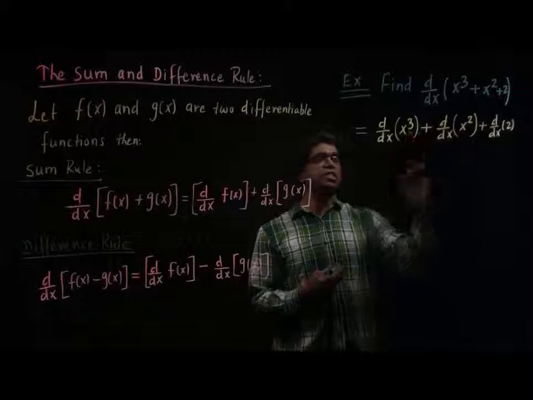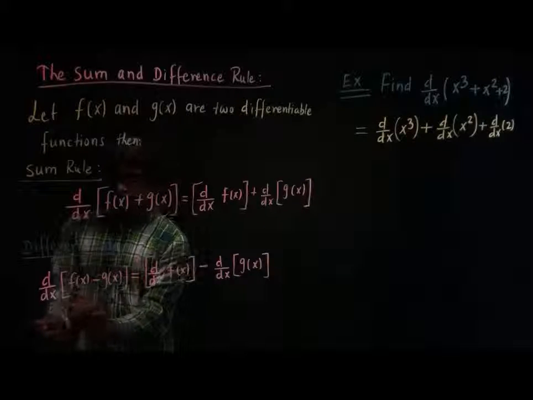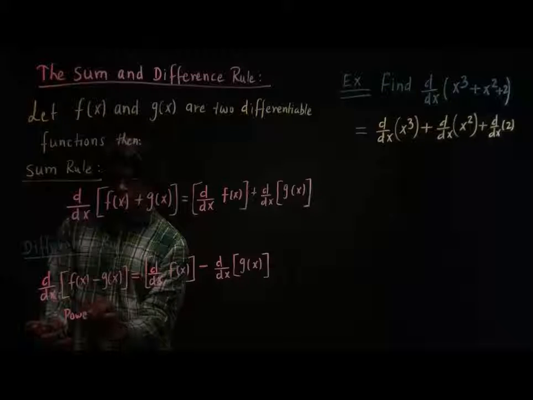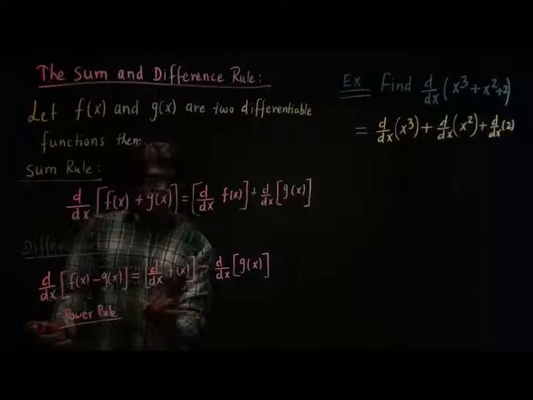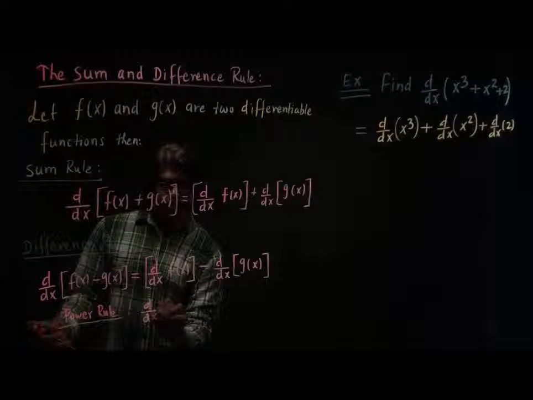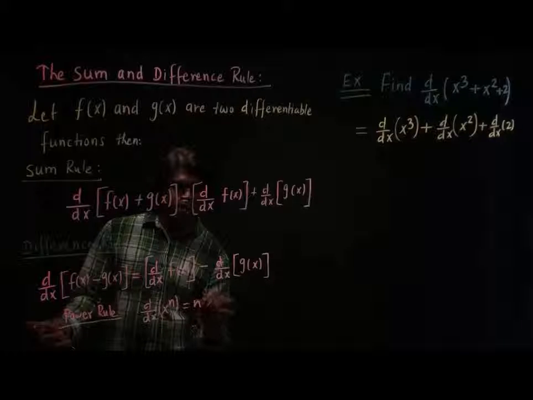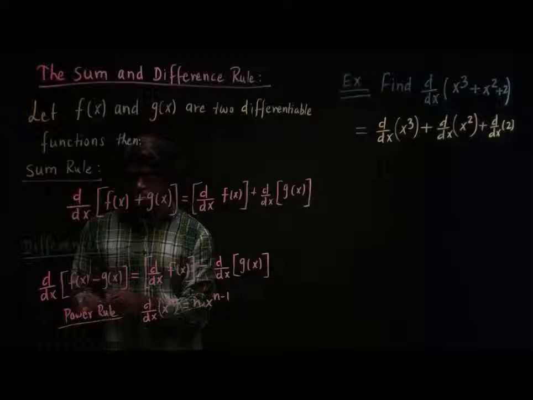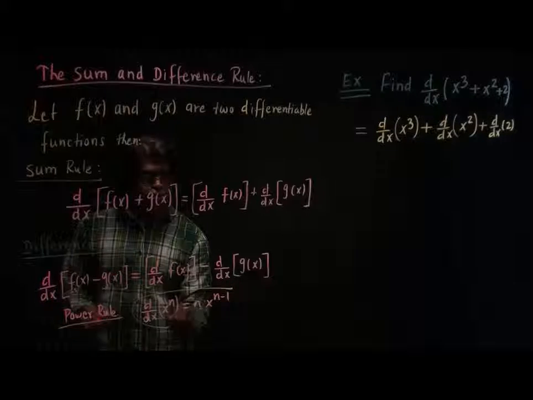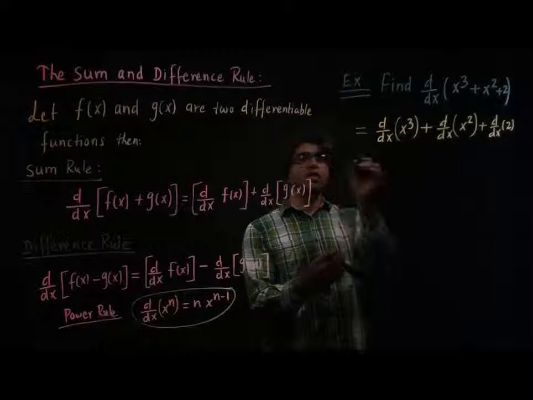Now let's differentiate using the power rule. So if you remember, the power rule was, d by dx of x to the power n is n x to the power n minus 1, right? So this is basically my power rule. Now let's use the power rule.